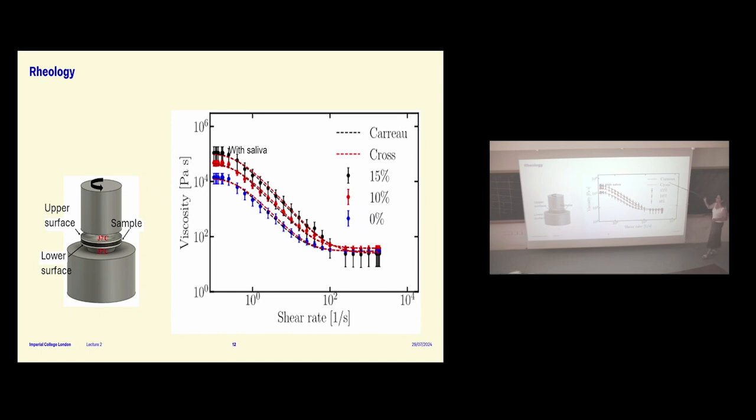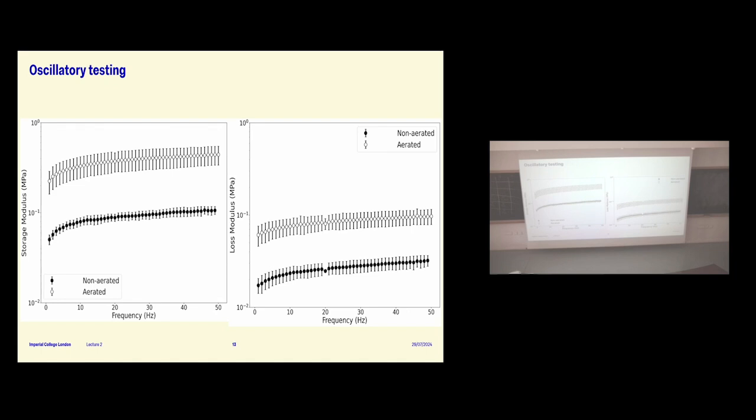These are material models that are usually fitted for chocolate, so we fitted them and it just shows a good fit. And if you look at the literature, these are storage moduli and loss moduli. Apologies, this is a linear range, and it only goes up to 50 hertz, so there's not a lot of data here. But all I want to show here is that the non-aerated chocolates give you lower moduli than the aerated.